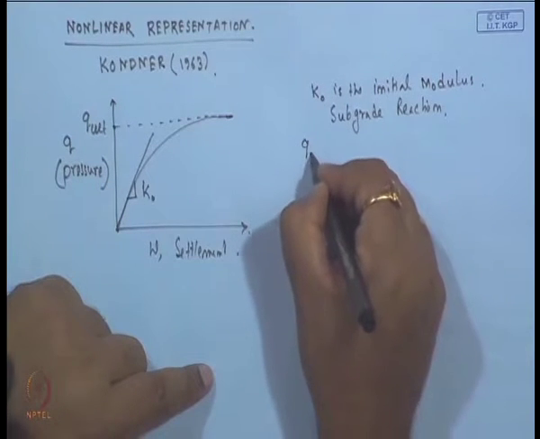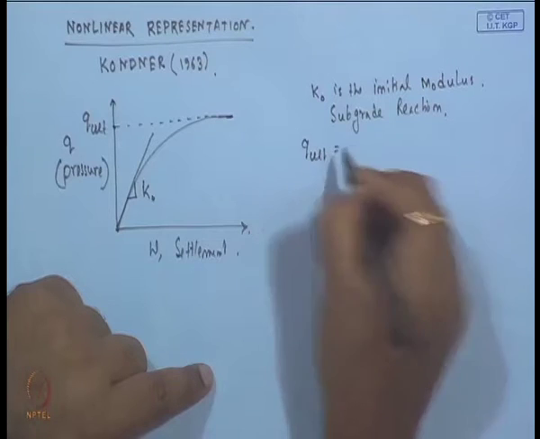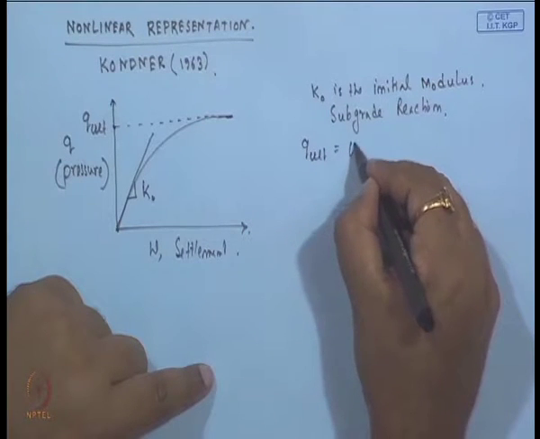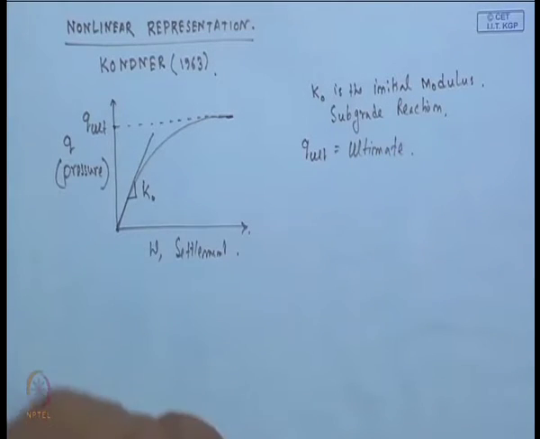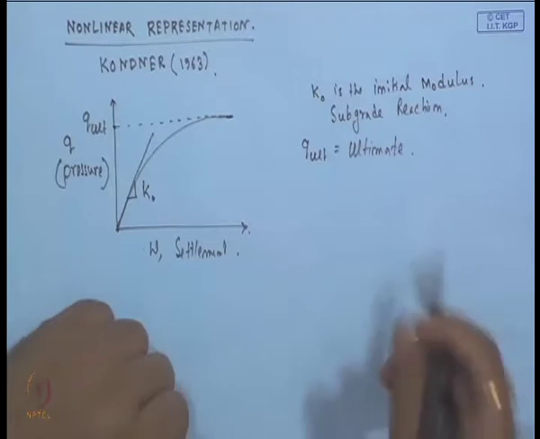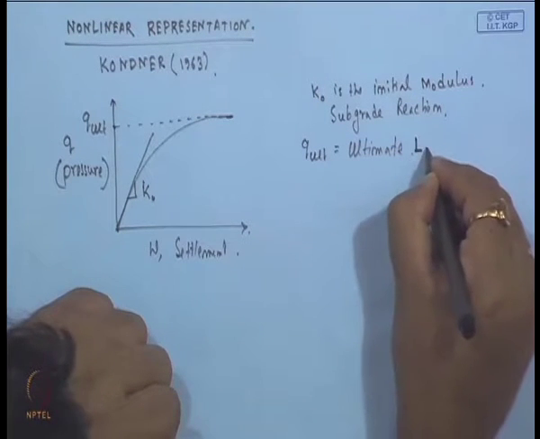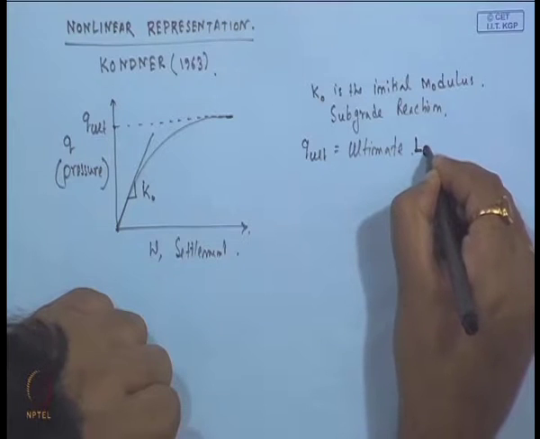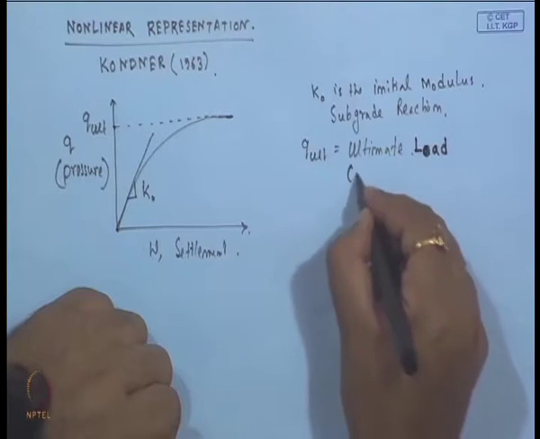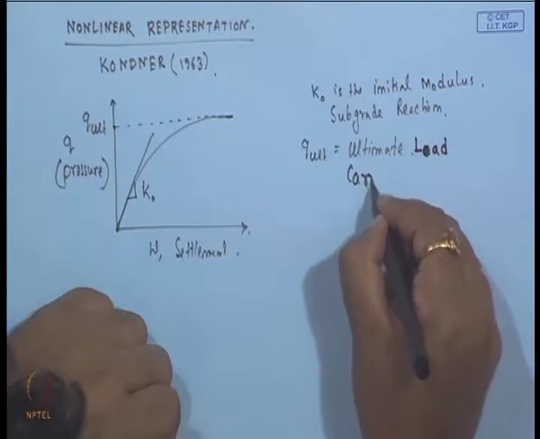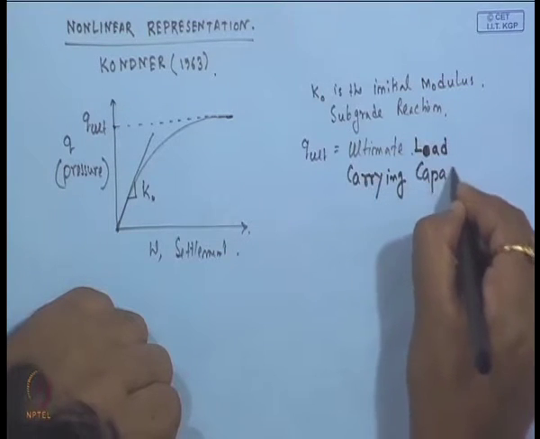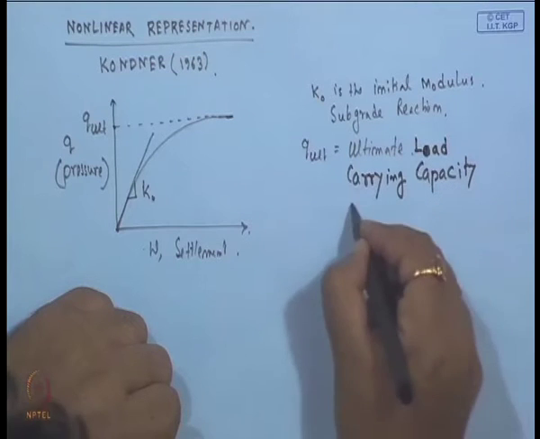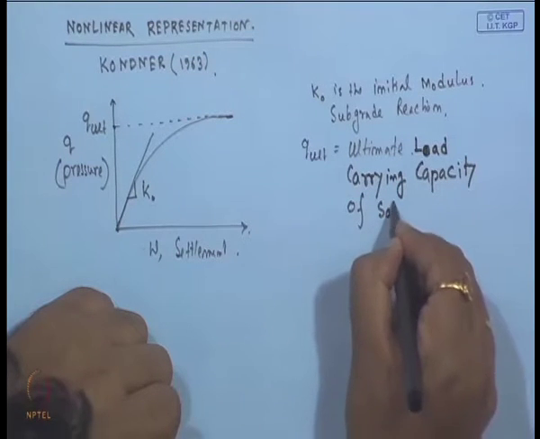Q ultimate is the ultimate load carrying capacity of soil.